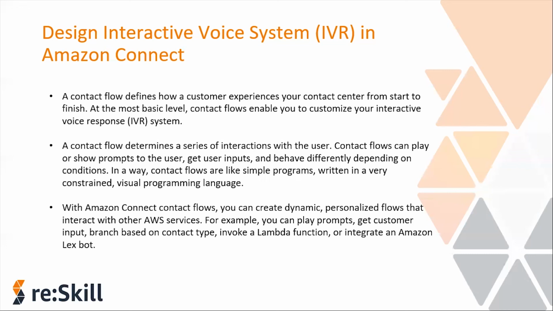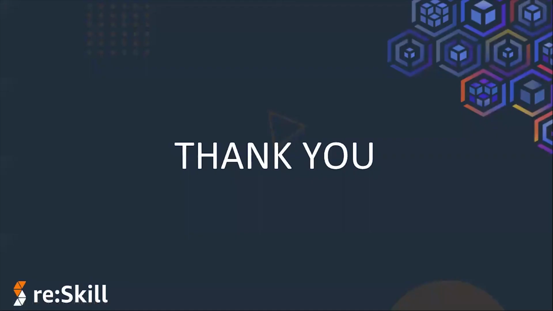Also, you can integrate with Amazon Lex, which provides automatic speech recognition and leverages the same technology as Amazon Alexa. You can use these features along with contact flows to build a virtual contact center in Amazon Connect. So today we learned about the basic Amazon Connect components and how you can configure each component to launch a virtual contact center in AWS.